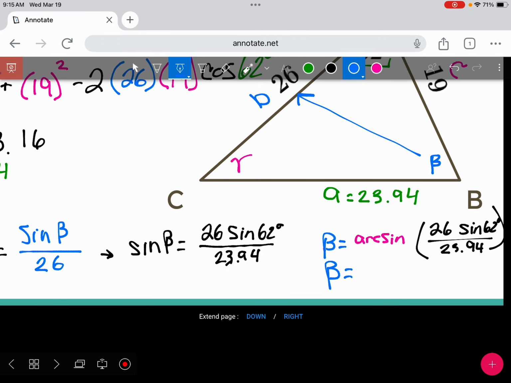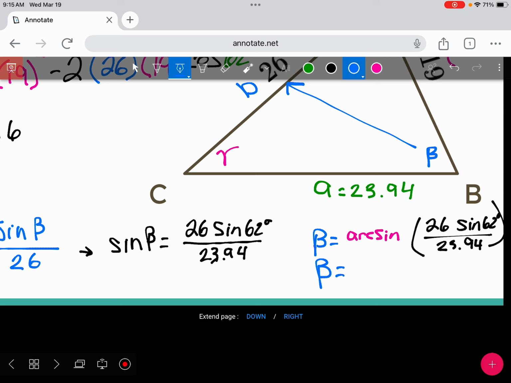So what do we get typing that into the calculator for our beta? I'm going to double check it just because I did it a different way. I'm double checking it, of course I am, because I did it with law of cosines, which is going to give us a slight variation. It also does not match 76. 73.5.